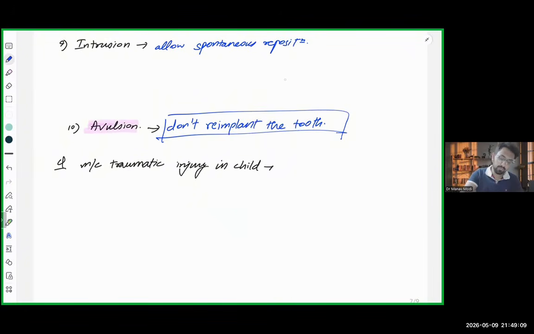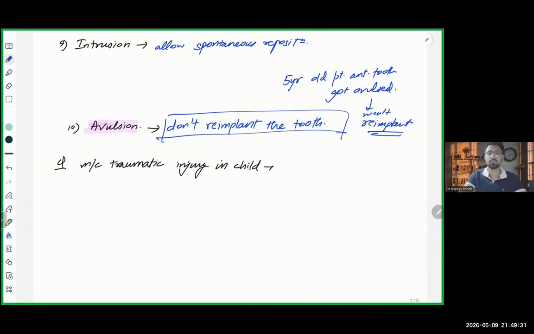For example, if a 5-year-old patient's anterior tooth got avulsed, he is talking about a deciduous tooth because in a 5-year-old patient, the anterior permanent has not come. So you won't reimplant the tooth.